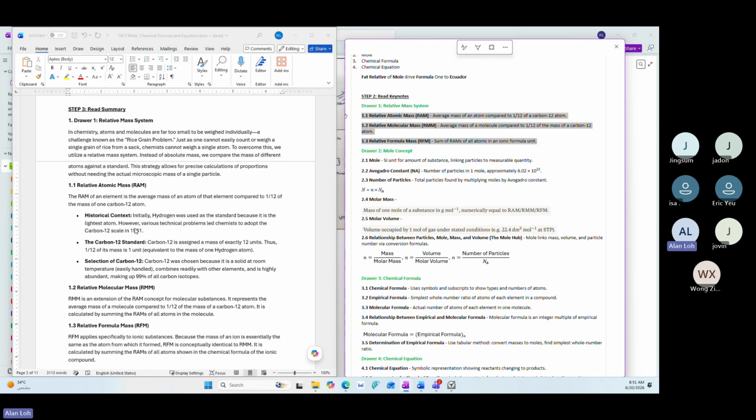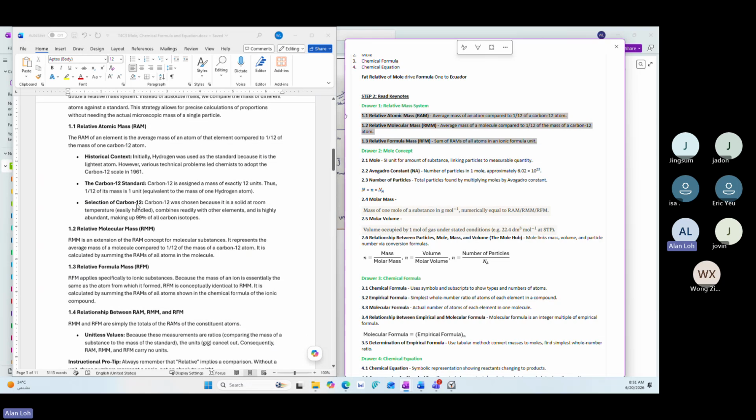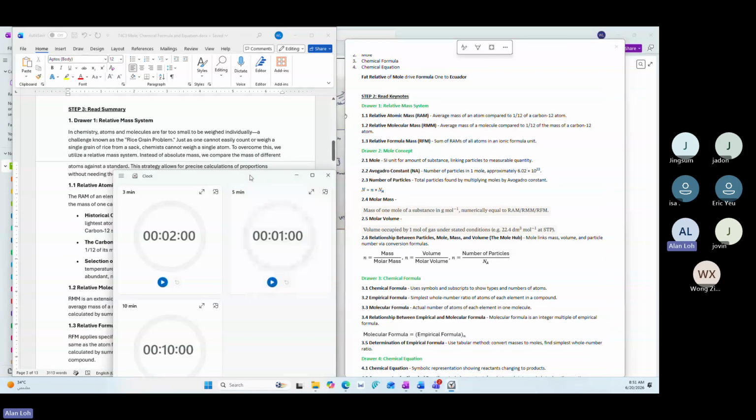Okay, so let's do 2 minutes for drawer 1, from here, drawer 1 until compound. Let's do 2 minutes. Let's start now.